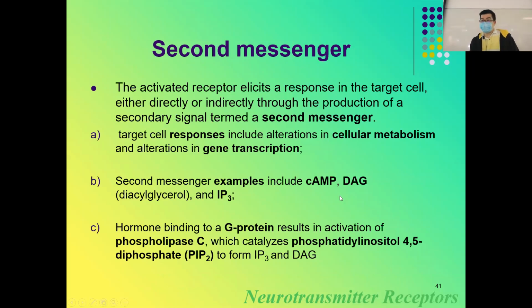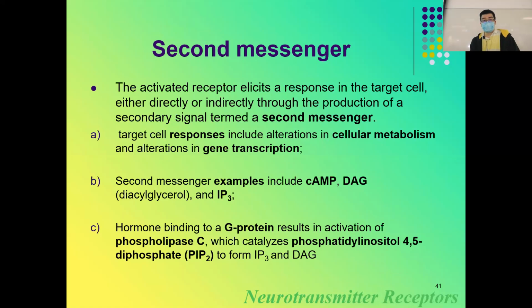So we'll talk some about the secondary messengers. The activated receptor will induce a response in the target cell, either directly or indirectly by the production of a secondary signal, called the secondary messenger or second messenger.